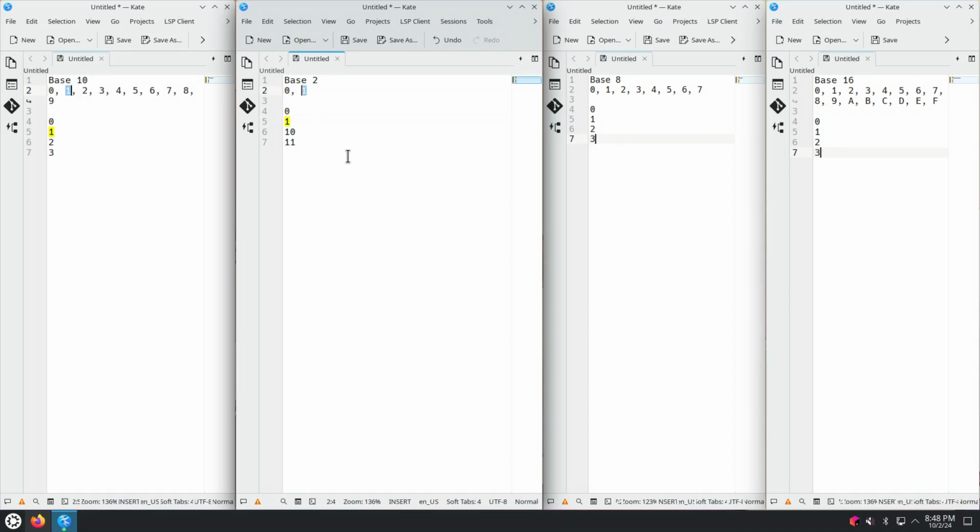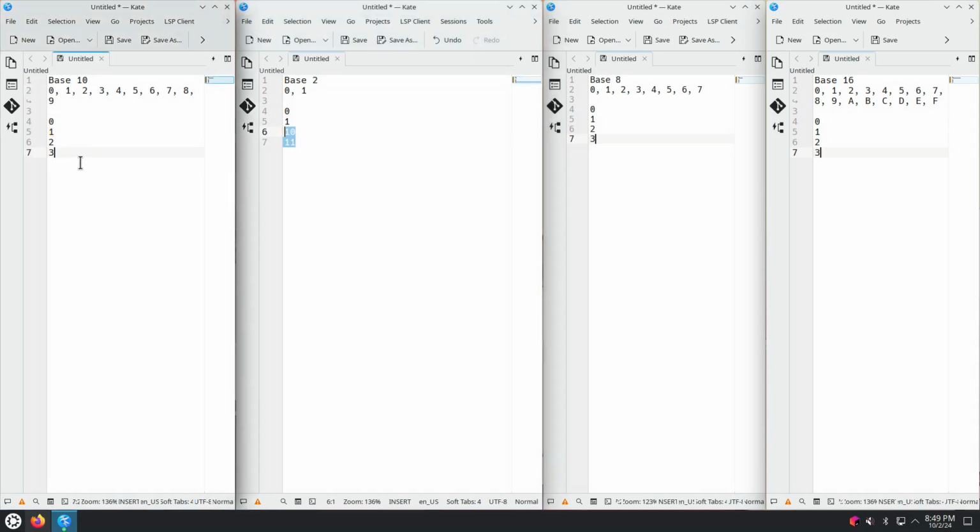But since there's no digit 2, we needed to come up with numbers which have more than one digit. So for all of the numbers that are larger than the list of digits in that base, we'll need to come up with a number with multiple digits, so more than one digit numbers. Let's go to 4.